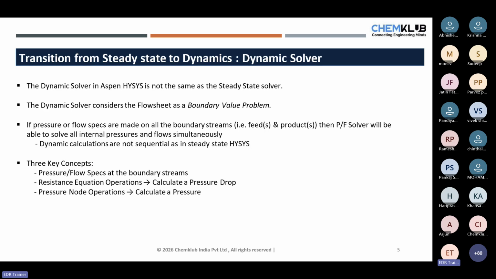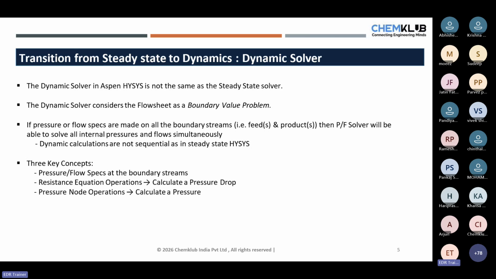The dynamic solver in Aspen HYSYS is fundamentally different from the steady state solver. This is a very important concept to keep in mind, because in steady state simulation the calculations are usually sequential.